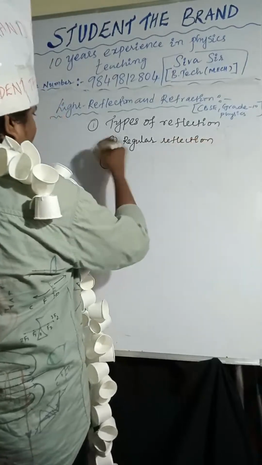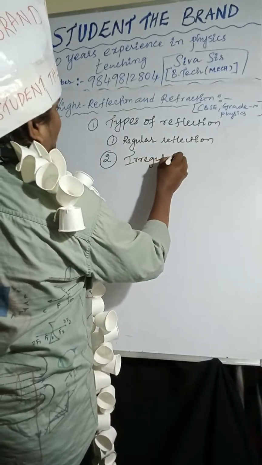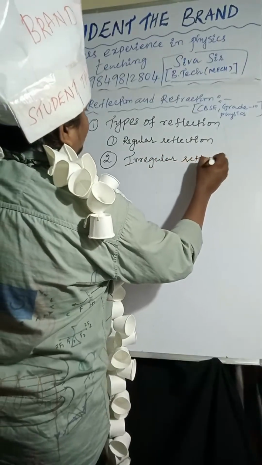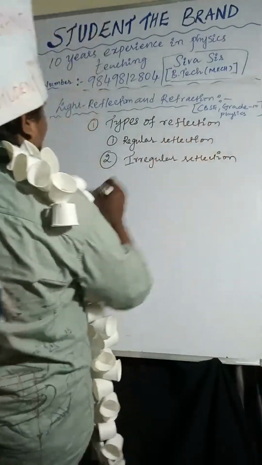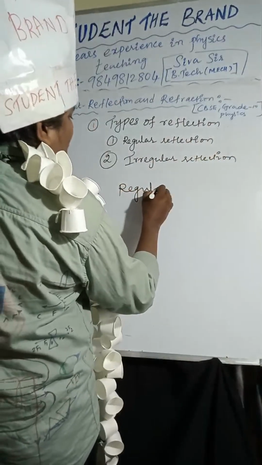Second one is irregular reflection. Coming to regular reflection, it takes place on a smooth surface.